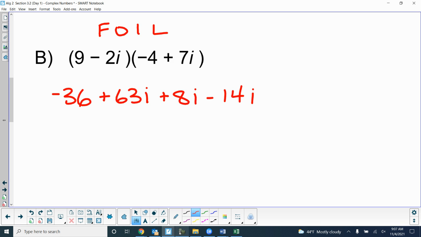And then remember, it's i squared. That last one is i squared. Are we finished? No. Now, before you combine like terms, what should we do here? Change that sign. Yeah. Do that. All right, so Taylor, what's the final answer?